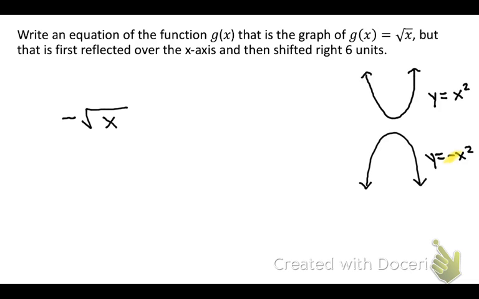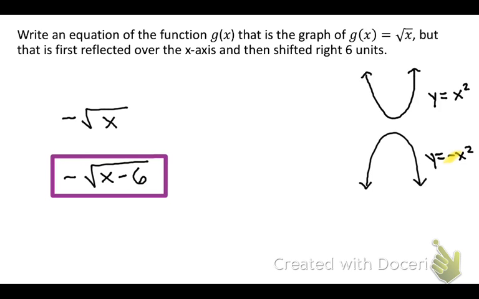Now, a lot of times when we think of inside, we think about inside parentheses, which is often the case. But in this case, our grouping symbol is actually that square root symbol. So our inside is going to mean inside that square root. So we're going to have negative square root of x. And now because we're moving right, it's a horizontal move. It's the opposite of what we would expect. So it's going to be minus 6. And that is my transformation.